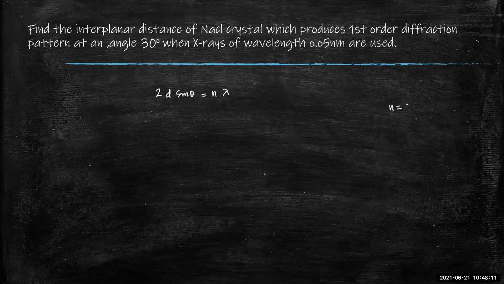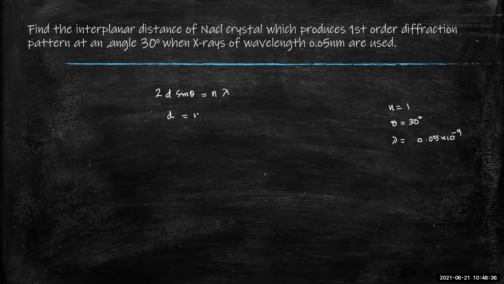Here n is equal to 1, theta is equal to 30 degree, and lambda is equal to 0.05 into 10 raised to minus 9 meter. Here we have to find the value of d.